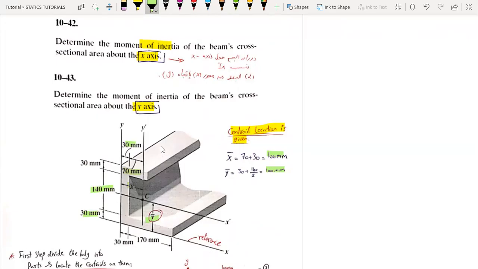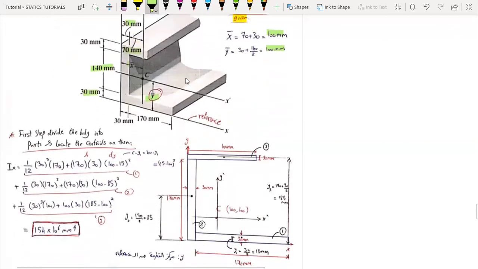So starting with the x-axis, first of all, we should divide our system into small segments, regular shapes. So here what I did, I have divided this into segment number 1, here segment number 2, and here segment number 3. And the second step, we should locate the centroids on them. So here we are starting with Ix, correct?